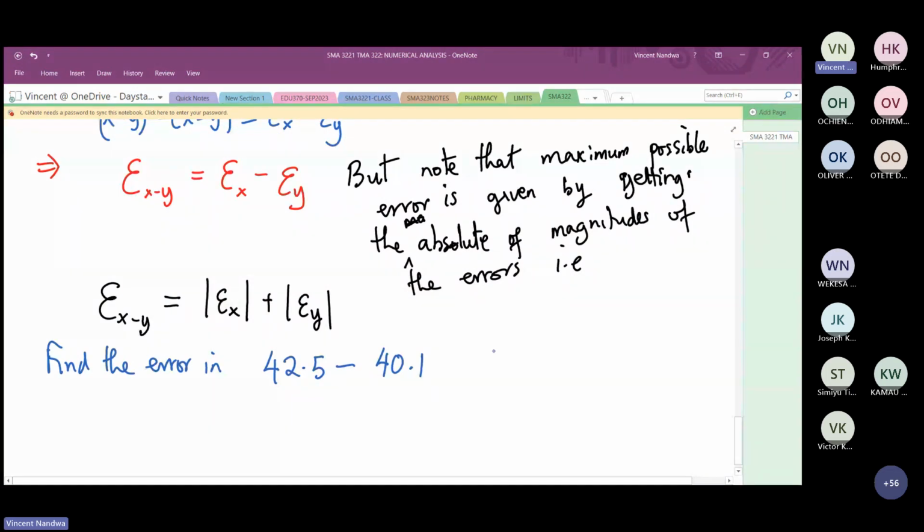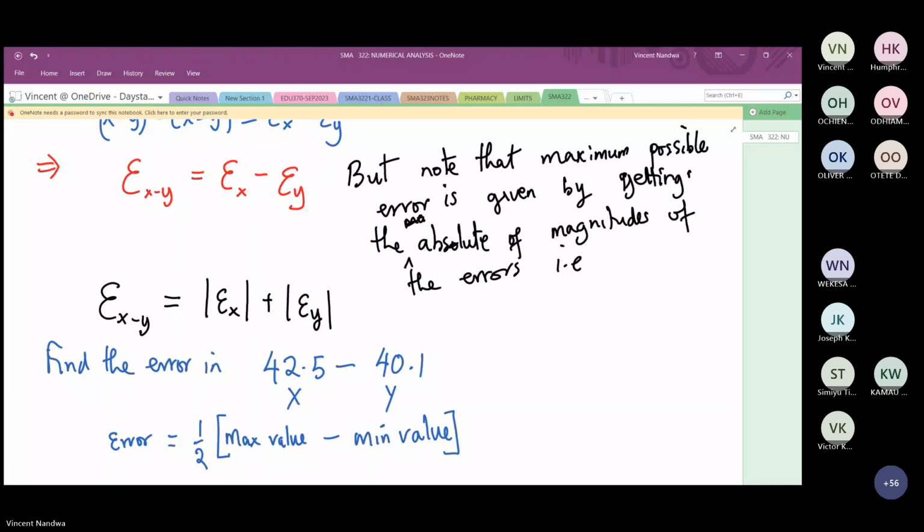If this is my X number, this is my Y number. From high school, you know that error is given by a half into maximum value minus minimum value. So when you are doing the addition, maximum sum minus the minimum sum, multiplication, the same thing.